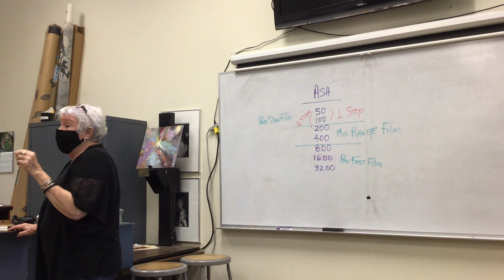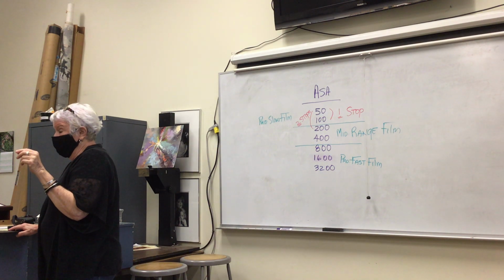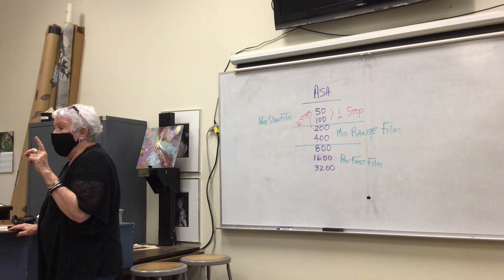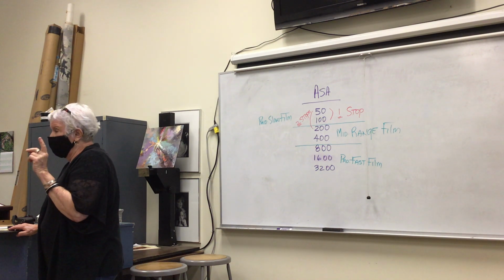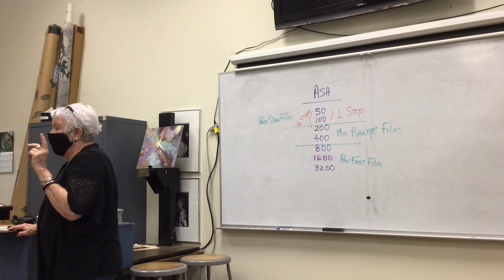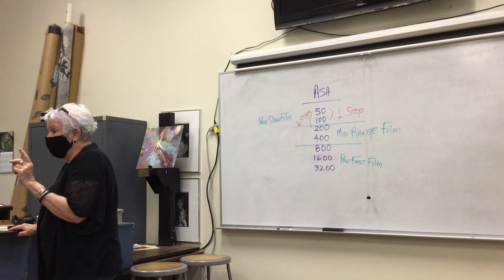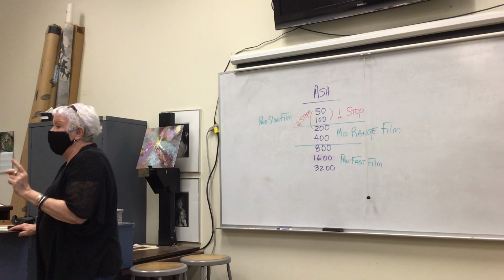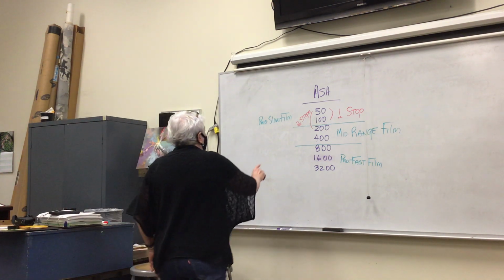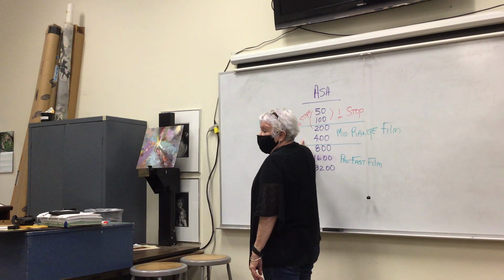You set the aperture on f16. And you set the shutter speed on the number that is the closest match to the ASA of the film loaded in the camera.